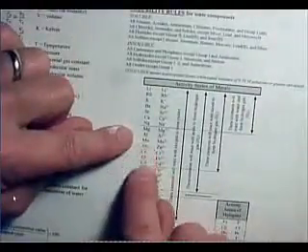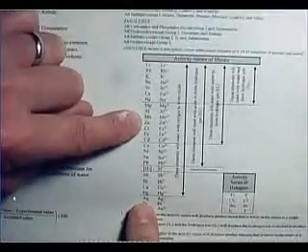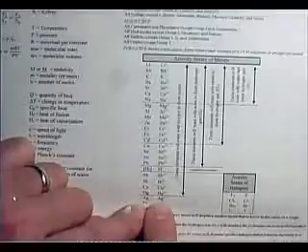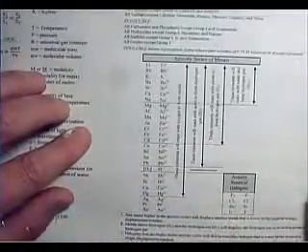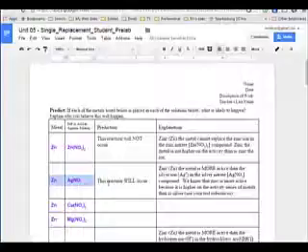And zinc is right here. Silver is down here. So zinc is clearly higher than silver, so zinc should be able to displace a silver ion from a solution or from a compound. So going back up here, since zinc will replace silver in the compound, my prediction is this reaction will occur.